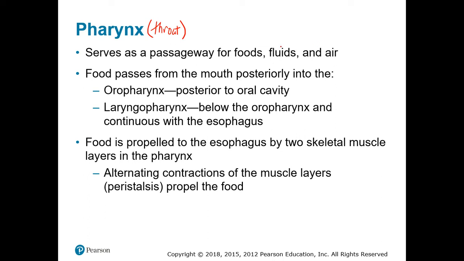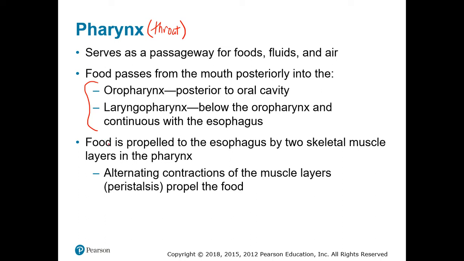Because you don't put food in your nose, we're just going to briefly refer to the other 2. Your oropharynx is located in the back near your oral cavity, and then your laryngopharynx is located below your oropharynx, right towards the beginning of your esophagus.